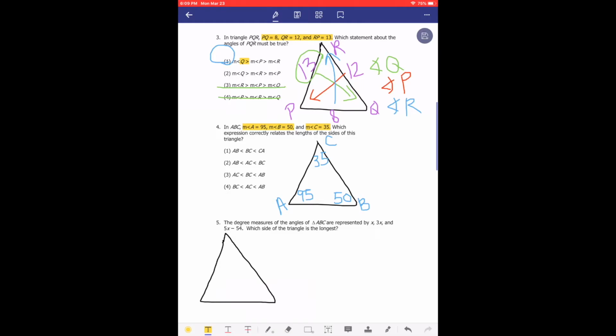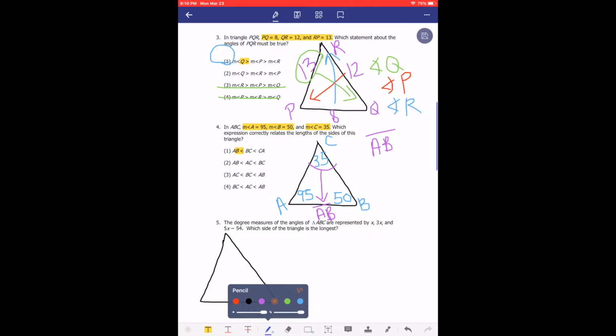Notice our answer choices have the less than symbol. So less than means, in this case, I'm going from the smallest to the biggest. So my smallest angle here would be that 35-degree angle, angle C, and the side opposite it is AB. So I start with AB. Now I'm looking for my next smallest angle.